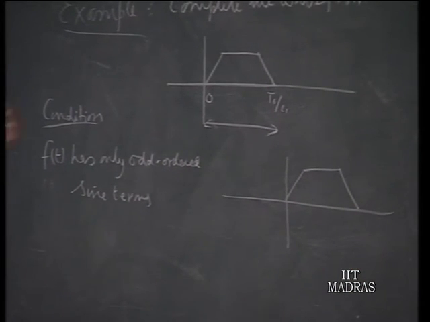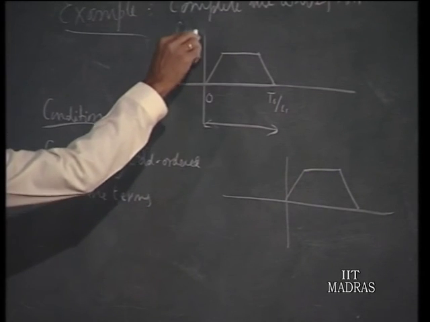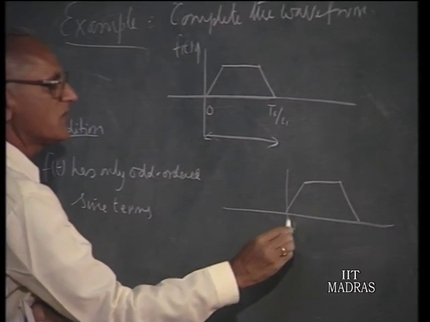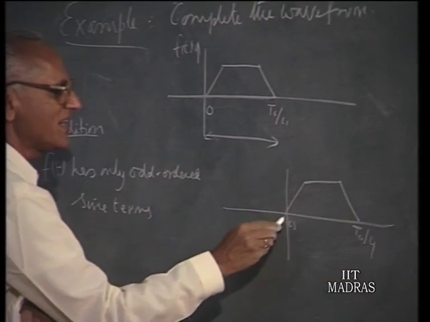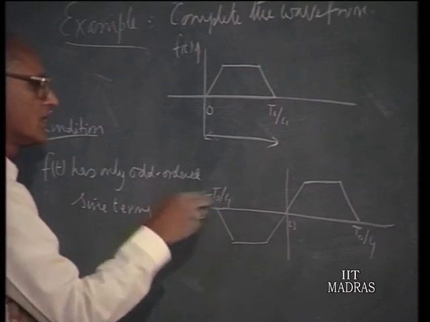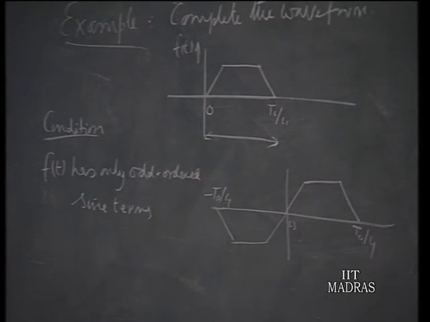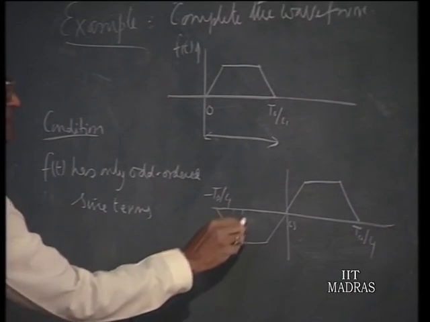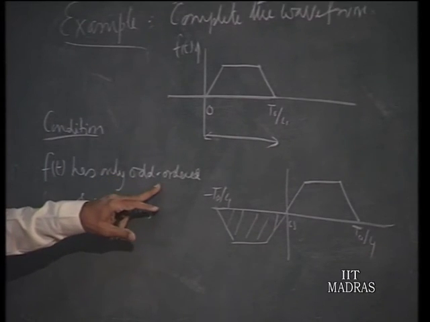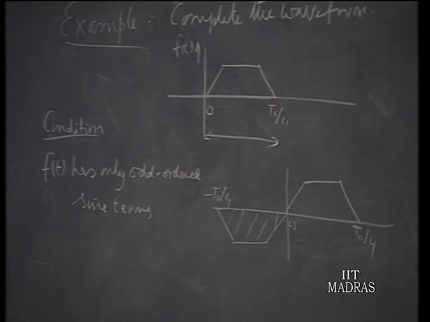So, if f of t has only sine terms, which means the function is odd, therefore, if 0 to t naught upon 4 is prescribed to us, we immediately conclude that this must be its image on the negative time axis. So, this portion we can fill up because only sine terms are present, and then we are also given that it has odd ordered harmonics only, which again tells us that whatever sequence of values it takes in one half cycle is getting repeated with a negative sign in the subsequent half cycle.